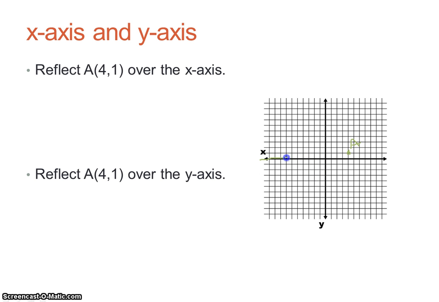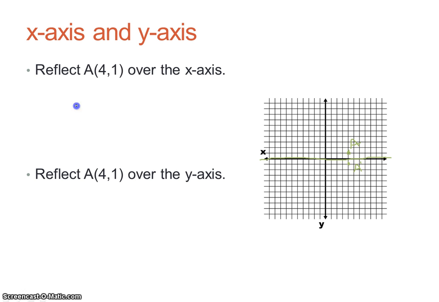Alright, and we want to reflect over the x-axis. So since we want it to be perpendicular, we know it's going to have to stay right on this line of y equals 4. And we want it to be the same distance. So the distance from this point A to our x-axis is 1. So we'll go from our x-axis and go down 1 to find our A prime.